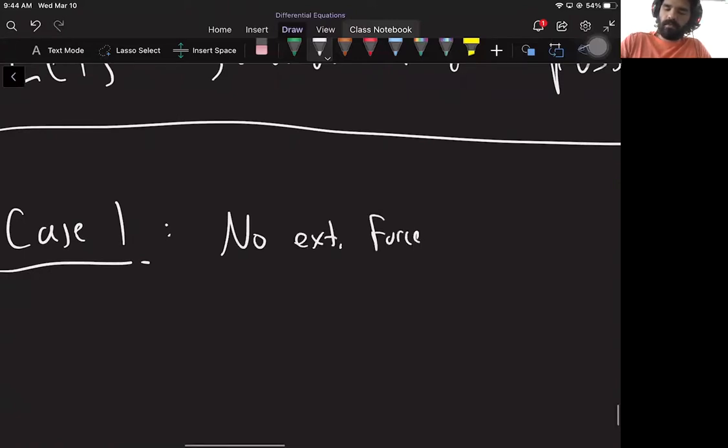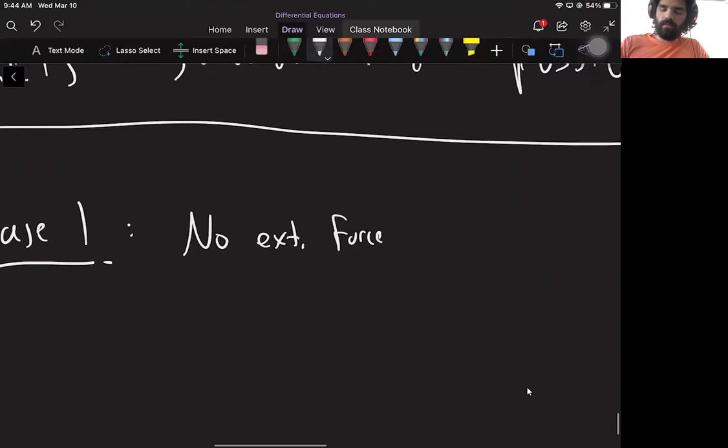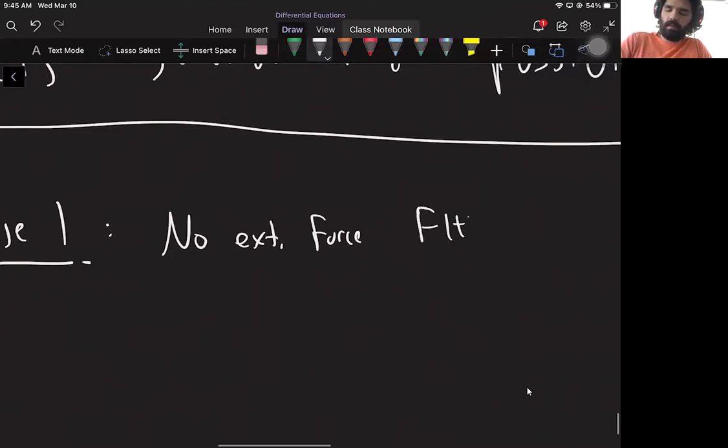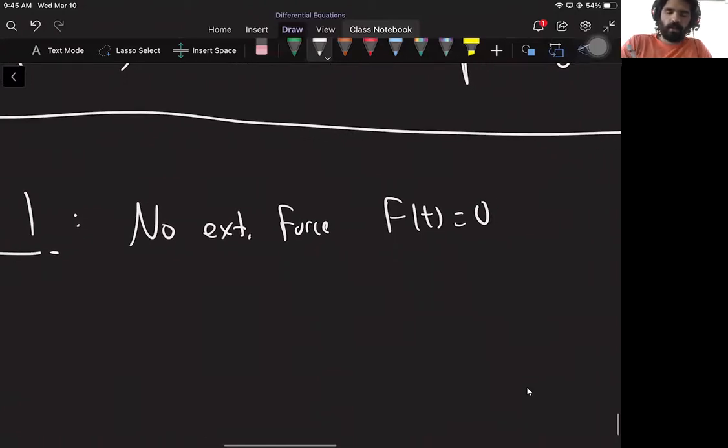So we've seen that. And when that happens, lots of different things can happen depending on the air resistance. So let's say that there is air resistance, so B is not just 0.